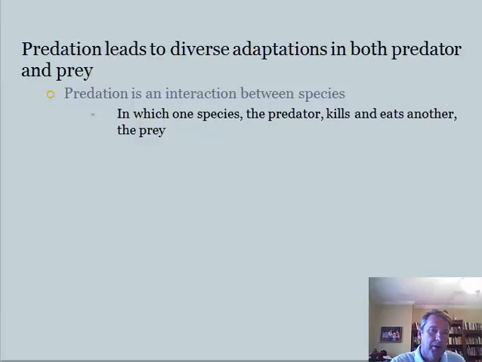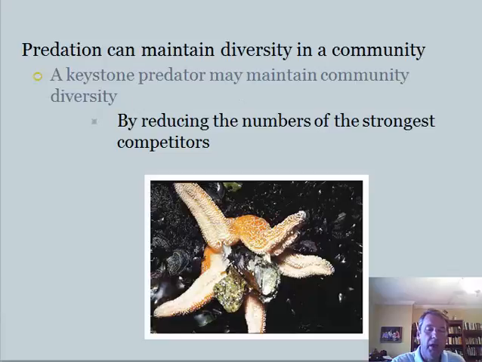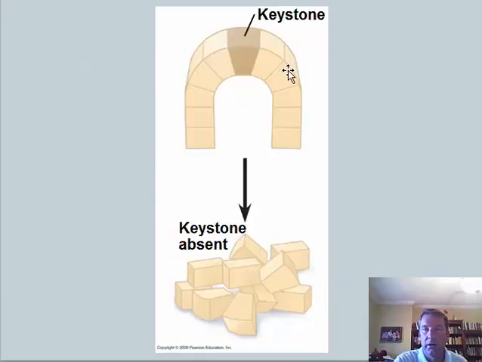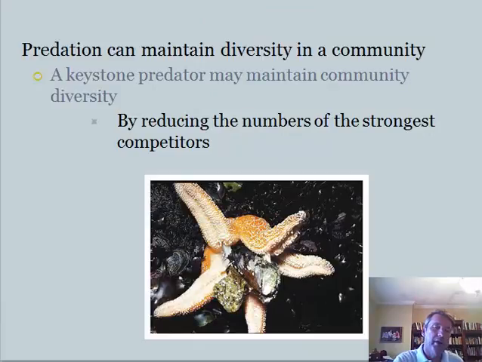And some of these predators are what's called keystone predators. A keystone predator is one that helps to keep a balance. Basically, you can think about it like an arch. We have a diagram. In this arch right here, we have this stone. It's a very important stone because if we took it away, the whole thing would crumble down. And so that's what it's talking about when it says a keystone species. It's usually an animal that if you took it out, other things are going to fall and have a ripple effect and be affected.